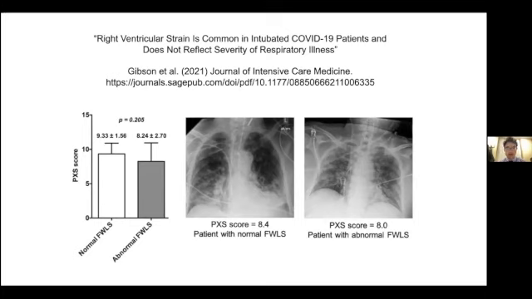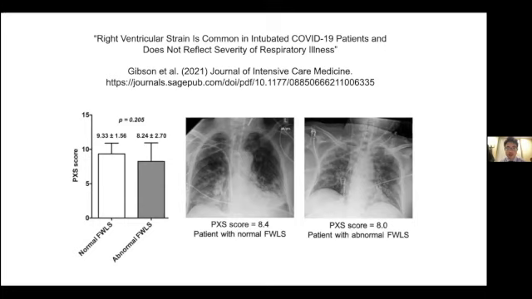In a similar type of analysis, in this study, what we found is that right ventricular strain, which is often seen in patients who have horrible respiratory disease, is actually common in intubated COVID-19 patients and is not necessarily reflective of the severity of respiratory illness.